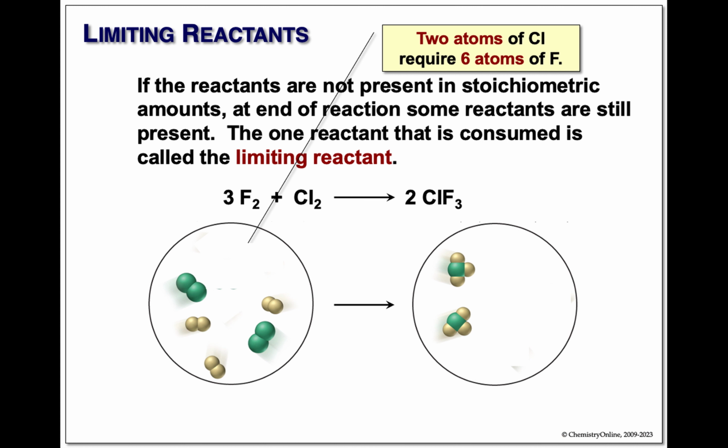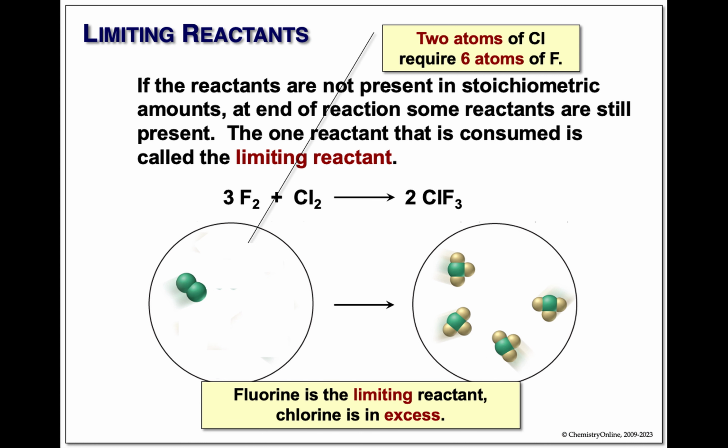We can do this again. Take a chlorine, take 6 fluorine atoms, make 2 more moles. And what are we left with? Chlorine. Who was limiting? Fluorine was limiting. Chlorine is left over, so it's success.